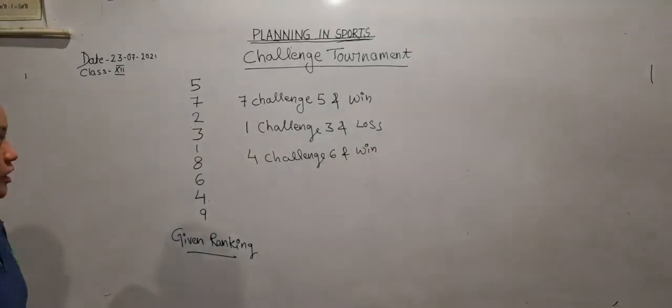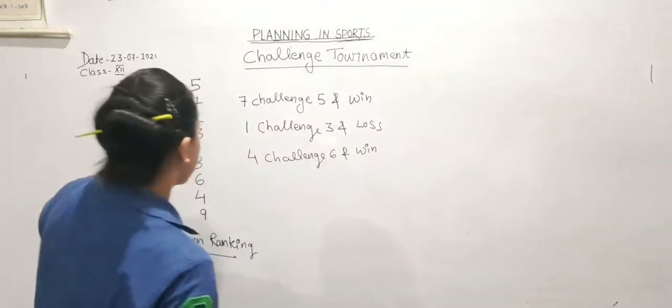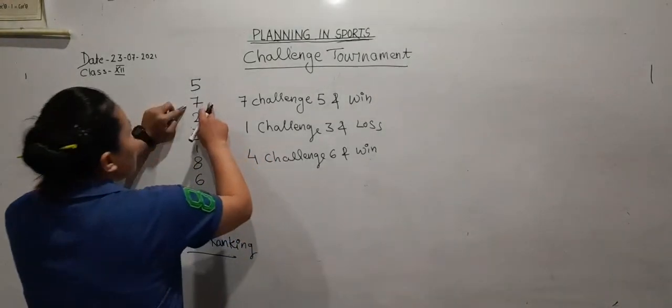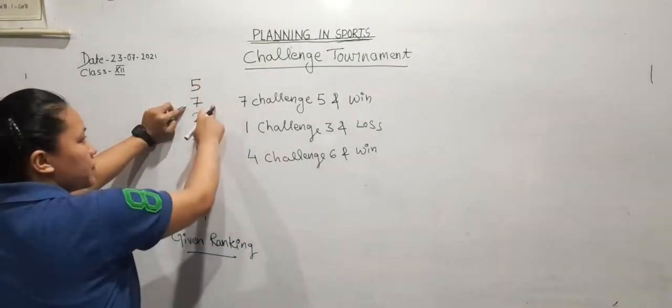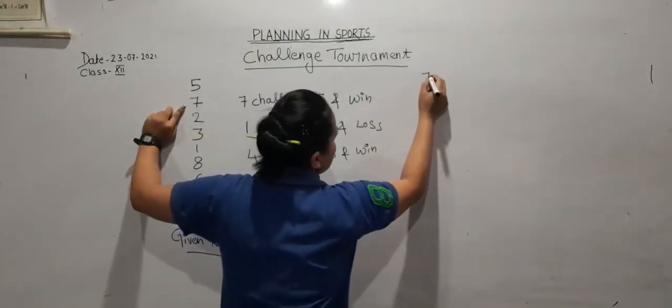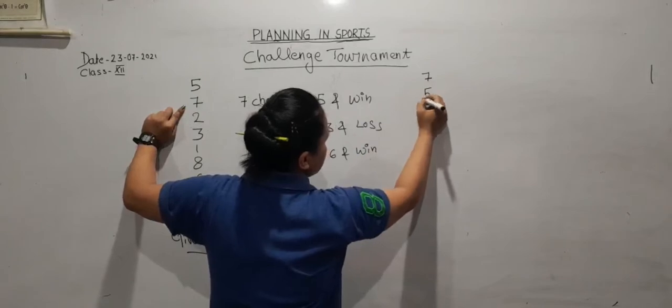So the new ranking will be, since 7 challenged 5 and won, therefore 7 will get the rank of 5, and 5 will come down.